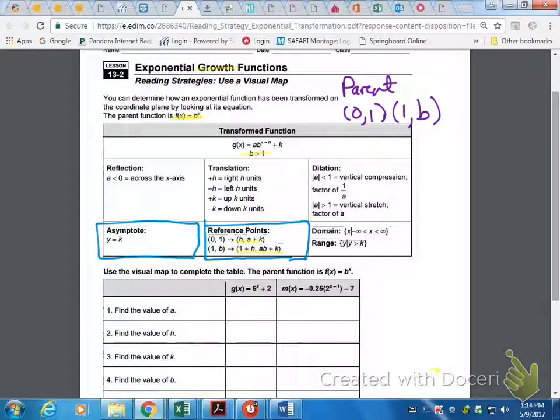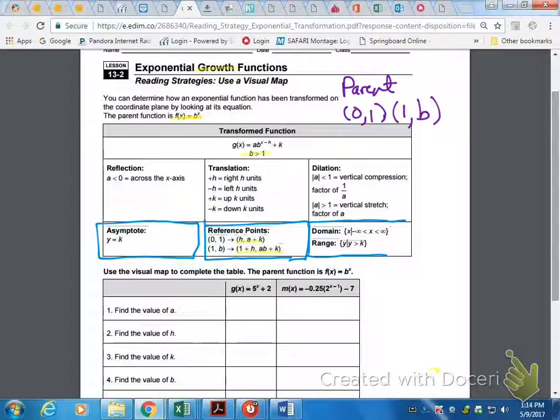So you see we're going to do the same thing today. We're going to translate the two reference points we had talked about before, which is the y-intercept and the b value. And the domain and range.